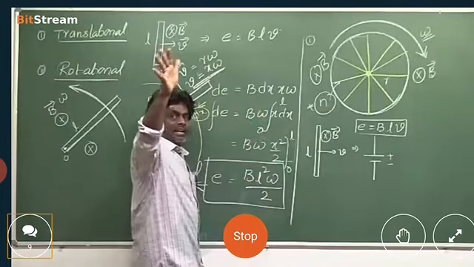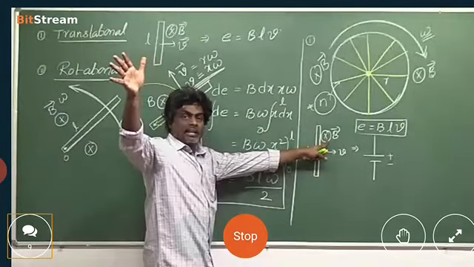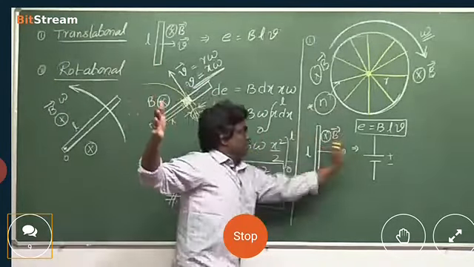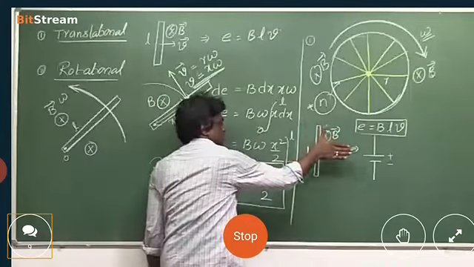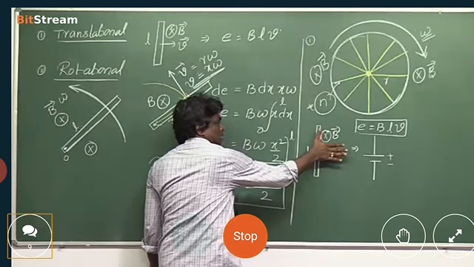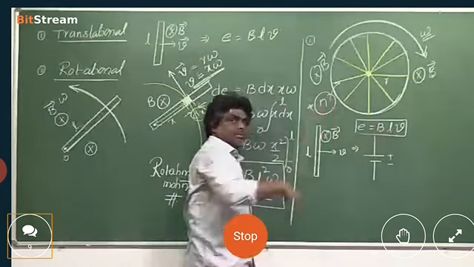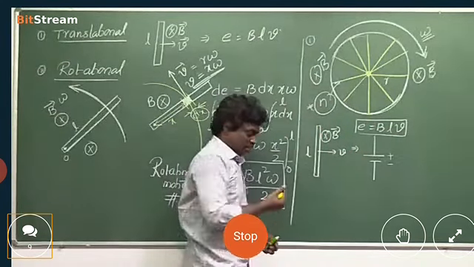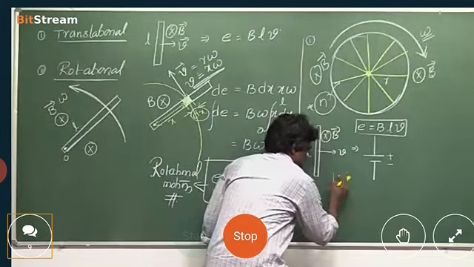See this one, right hand: magnetic field into the palm, fingers along velocity. Your thumb is upward, which means your positive terminal is up. I hope you have got it.